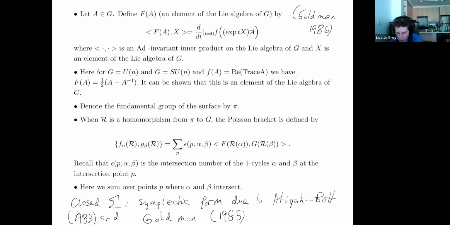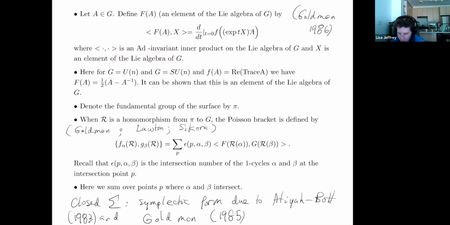Still looking at R, a homomorphism from pi to G, the Poisson bracket. This definition is due to Goldman, and in some cases it's due to Lawton and Sikora.